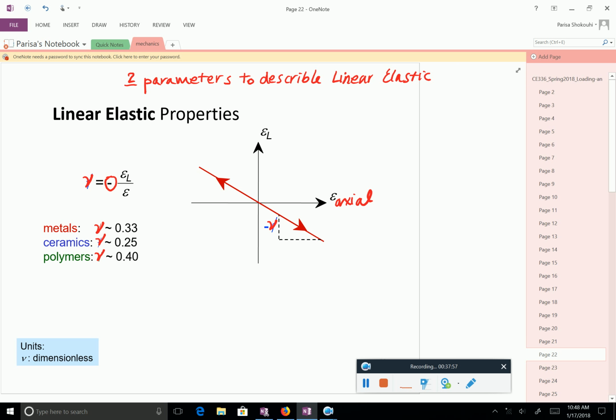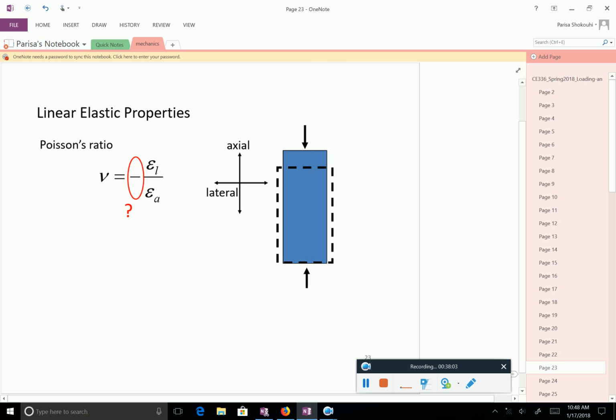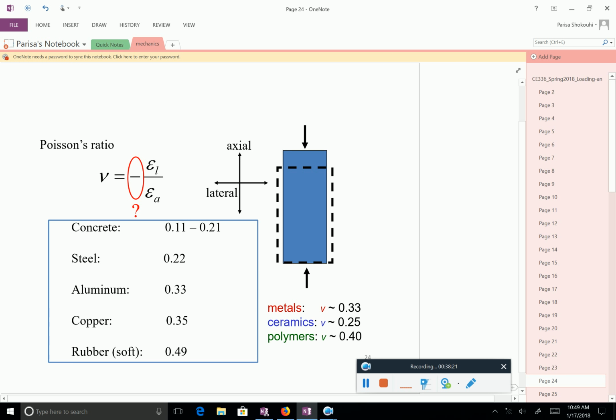There is no unit because you are dividing a strain by a strain. Here is a little cartoon which shows that if you are pressing axially, you are actually getting lateral expansion. Basically what I told you, why we have a negative sign and the range of numbers for different materials that you can see here.